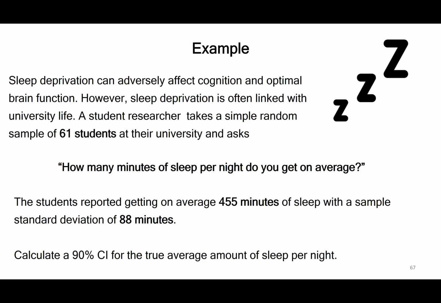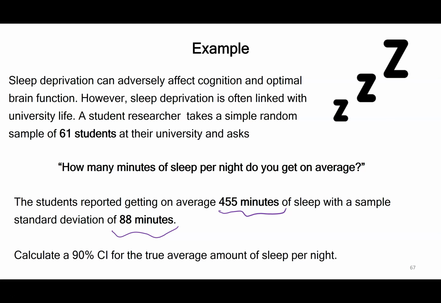Those 61 students reported getting an average of 455 minutes of sleep with a sample standard deviation of 88 minutes. So it fluctuated a little bit. We might want to estimate what the average amount of sleep students at this university are getting, and calculate a 90% confidence interval for the true average amount of sleep per night for students at this university.